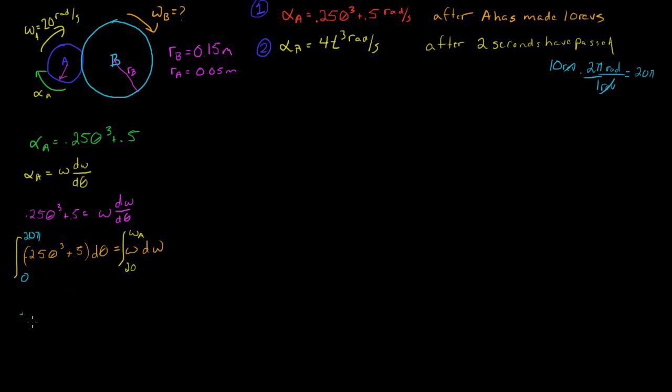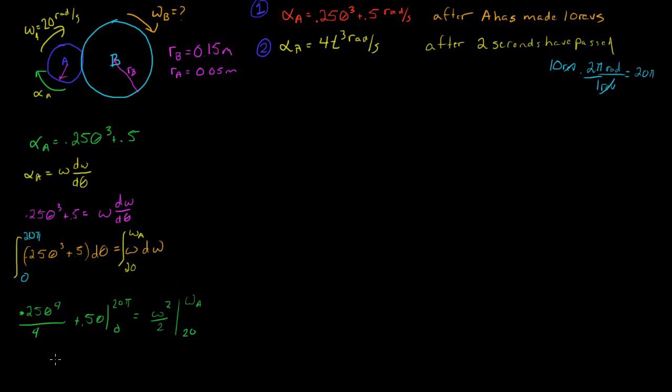With this integral, it's going to be 0.25 theta to the 4th over 4 plus 0.5 theta, evaluated from 0 to 20 pi. And this is going to be equal to omega squared over 2, evaluated from the initial angular velocity of 20 to the final angular velocity.